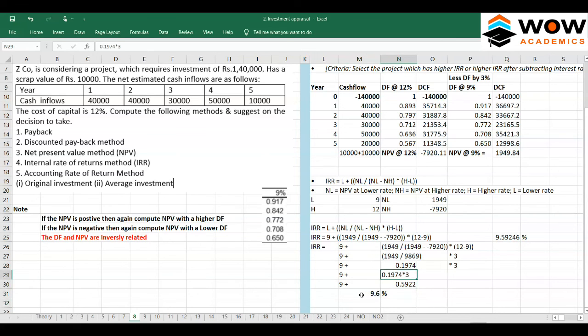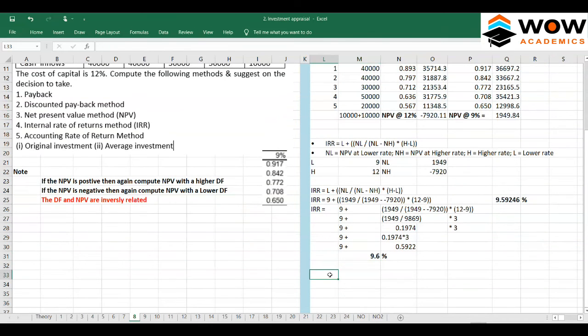So whether we compute it step by step or directly through Excel, we are getting the same answer, right? Whether this answer is correct, you can do a proof check, but in the exam you don't need to do this step. So the proof check could be: at an IRR of 9.6%, the NPV will become 0.